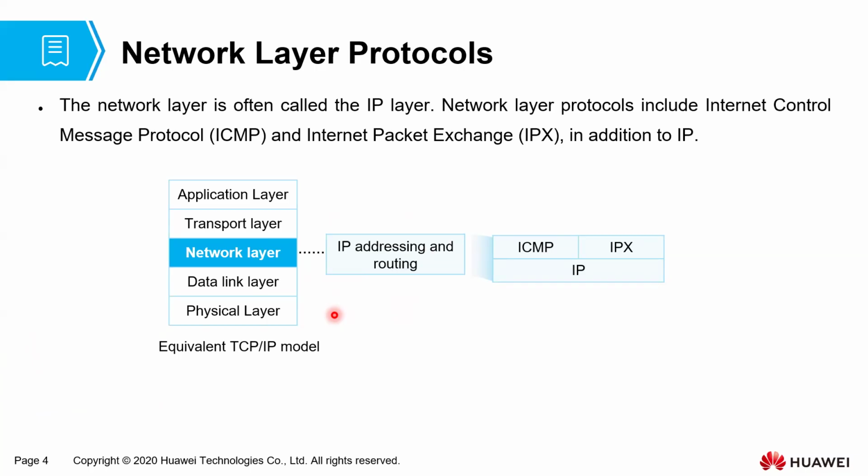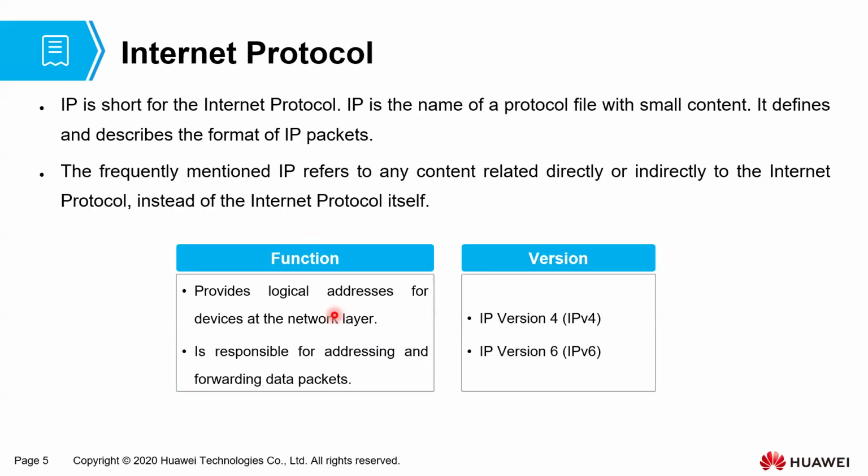As we said, with every layer, it's a must that you understand the type of protocols that belong to that layer. For this one, all the routing protocols that we're going to be doing belong to this layer, including obviously IP and ICMP.